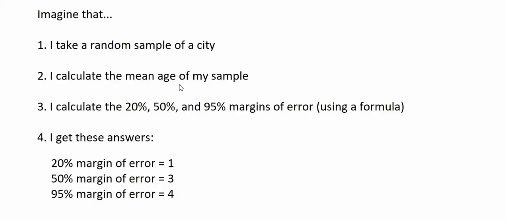And let's say I also calculate the 20%, 50%, and 95% margins of error using the margin of error formula. Don't worry what the formula is yet because we'll be getting there later. We're not going to be doing any calculations just yet. And imagine I get these answers. The 20% margin of error comes out to 1, the 50% margin of error comes out to 3, and the 95% margin of error comes out to 4.